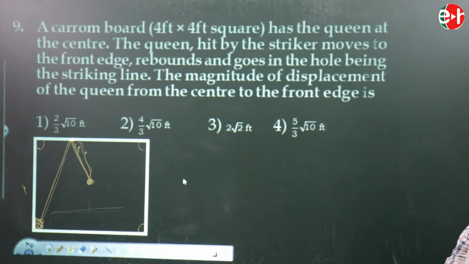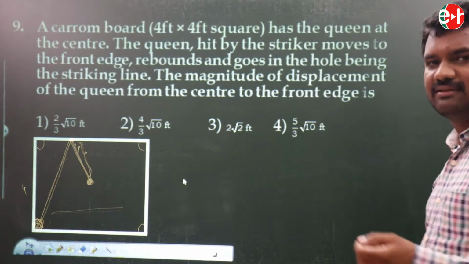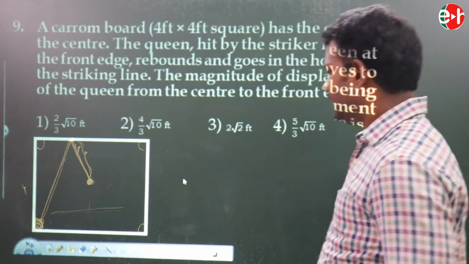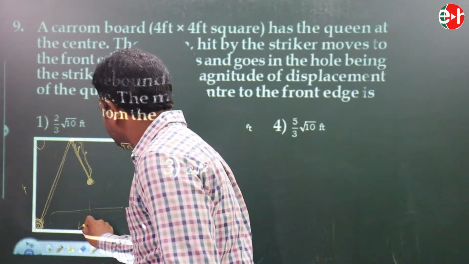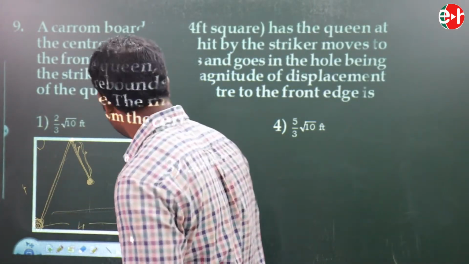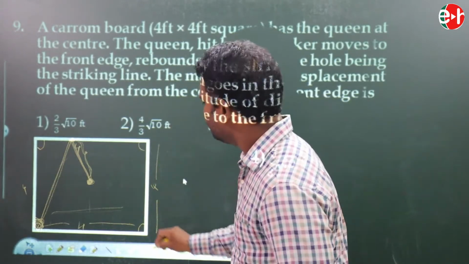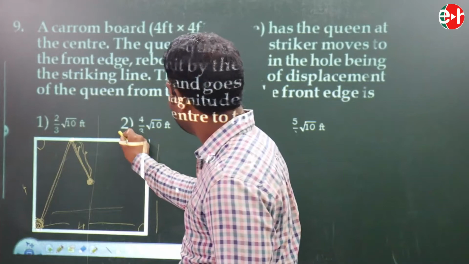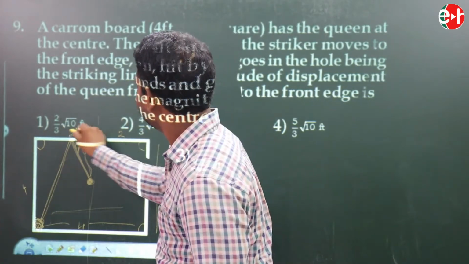The problem seems to be very easy, but a little bit tricky. Generally, people make a mistake here. First, I will tell you what kind of mistake our students make, then I will tell you how to correct it. In the problem, it is given that this is 4 feet. This is 4 feet. So, if we divide into halves, it is 2 and this is 2 feet.